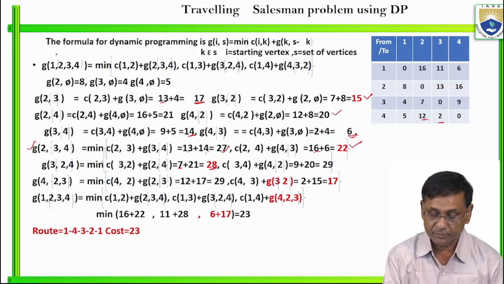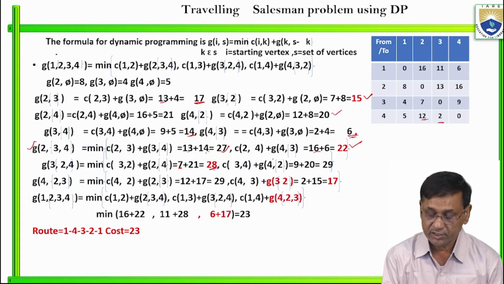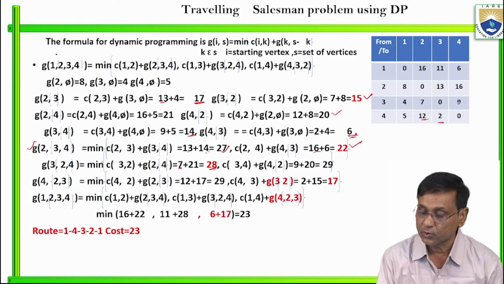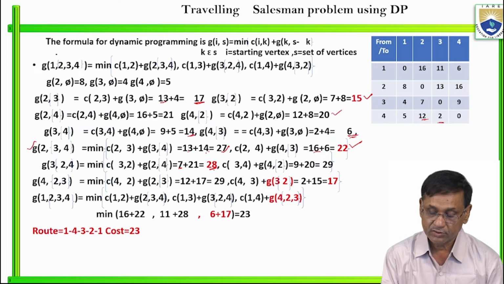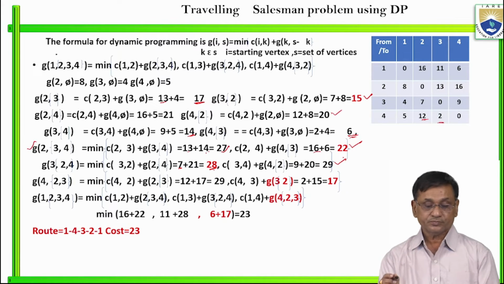Now, cost of going from city 3 to 4 plus cost of going from city 4 to the remaining set of vertices is equal to 9. So, C3,4 is 9 plus g of 4 comma set of 2, which is equal to 20. We have already calculated that, so this cost is 29.